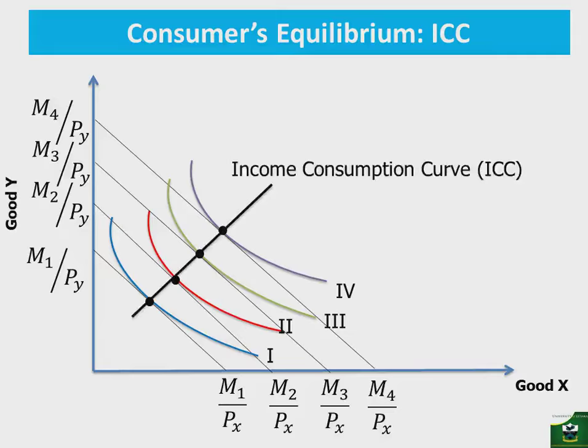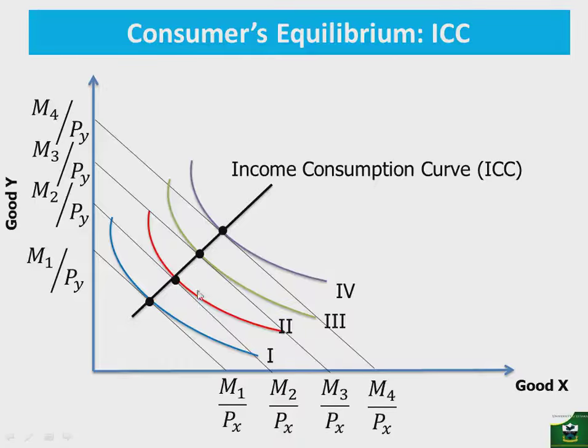It should also be noted here that the income consumption curve need not be a straight line. It can be a curve or any other shape that you have depending on the nature of the goods you are dealing with. Recall, we said that if Y was inferior and X was normal, as income is increasing, the indifference curve will be moving down.